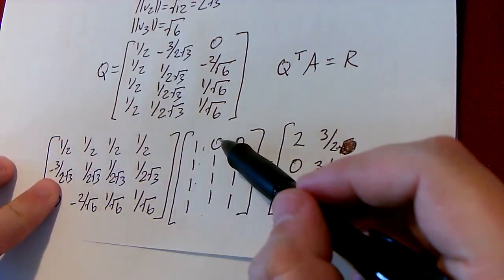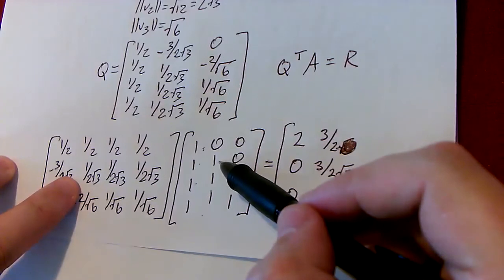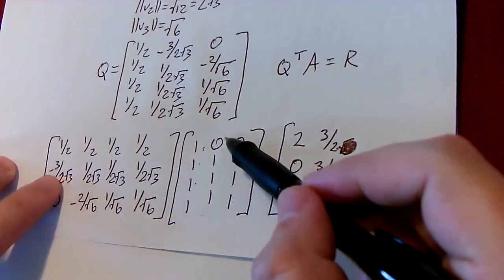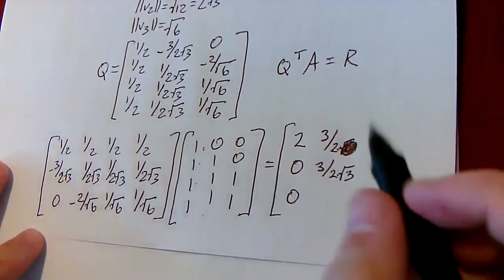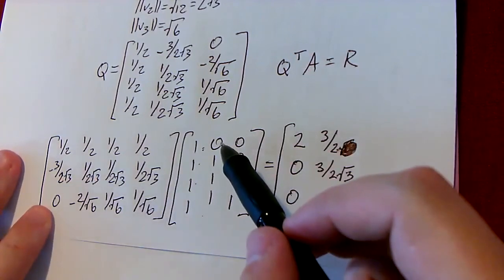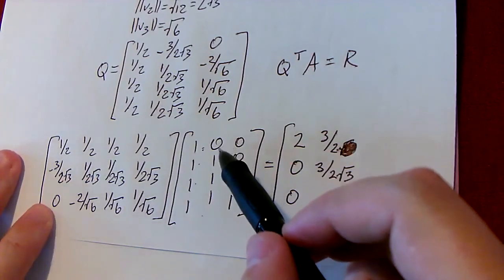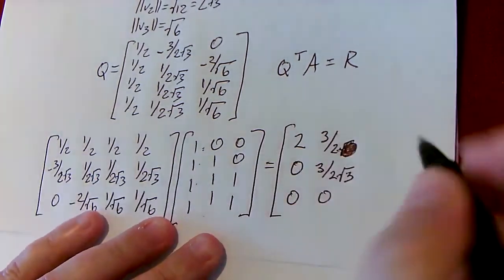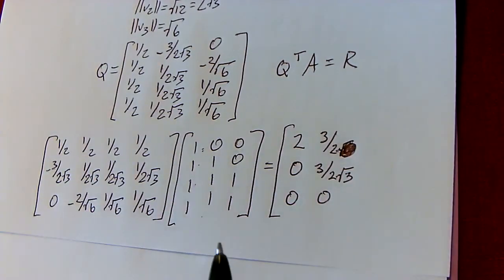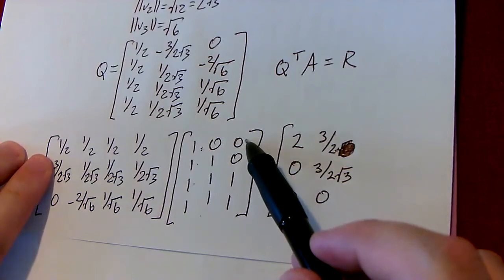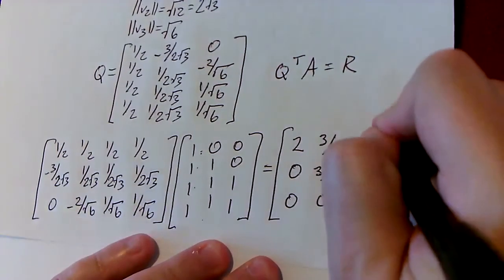Second row, second column, negative 3, 0, 1, 1, and 1 is going to make 3 over square root of 2. Then third row, second column, 0, negative 2, 1, and 1 makes 0 again. And our hardest one is going to be our third one, which is going to be 0, 0, half and a half makes 1.